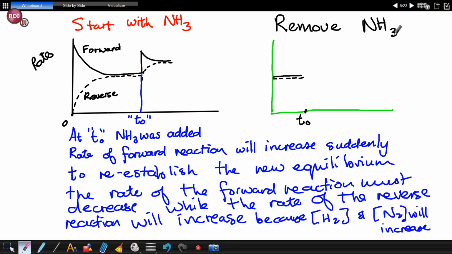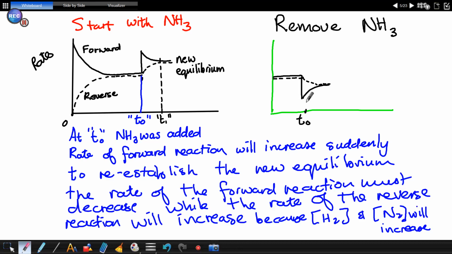So draw it in, even if you use a pencil, try. What's going to happen to the rate of the reverse reaction? So if you remove ammonia, you drop the forward reaction suddenly, and then slowly a new equilibrium must be established.